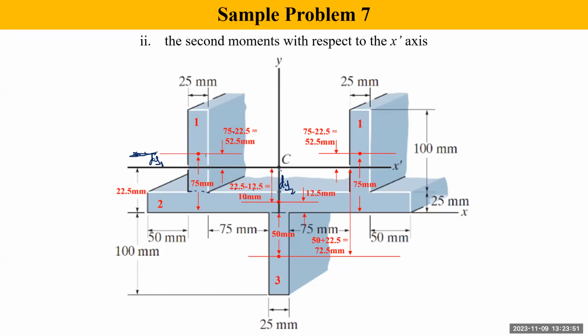So remember, your center C, your centroidal axis point, is this point right here. Now, the figure you want to find the dy for is, let me see if I can draw that section.